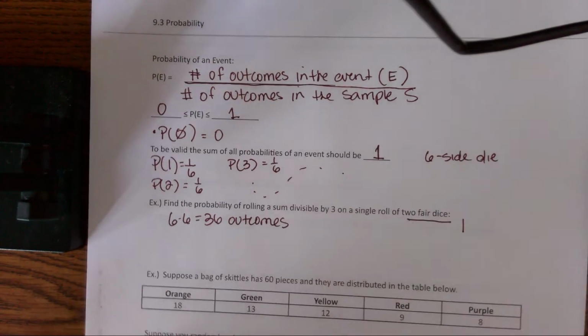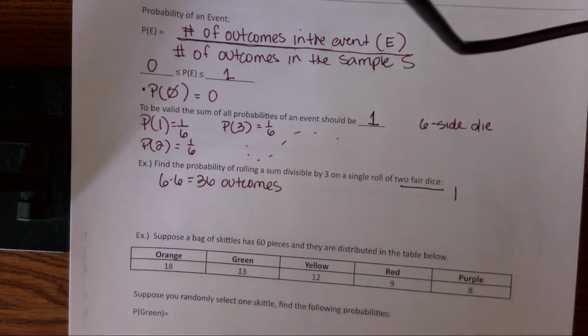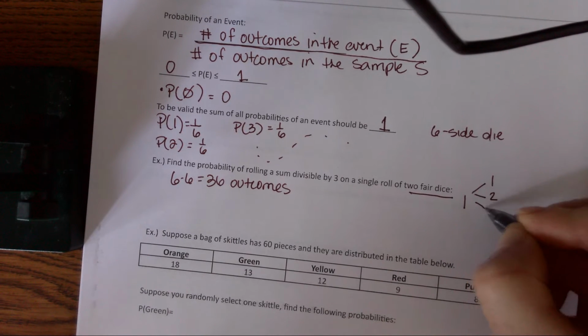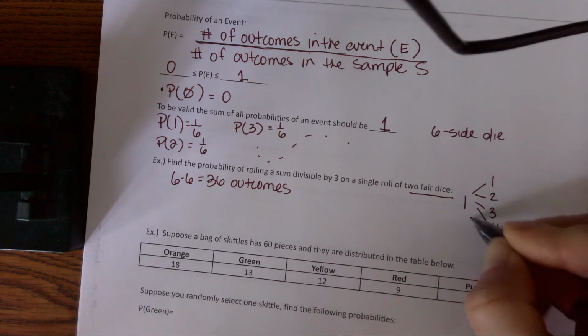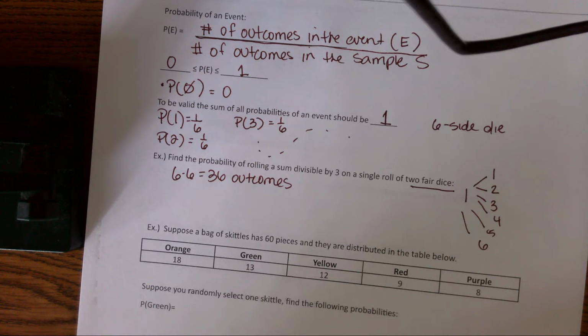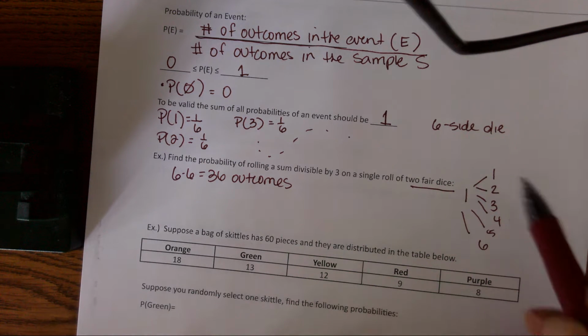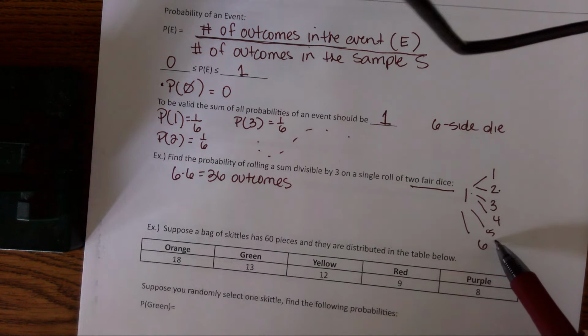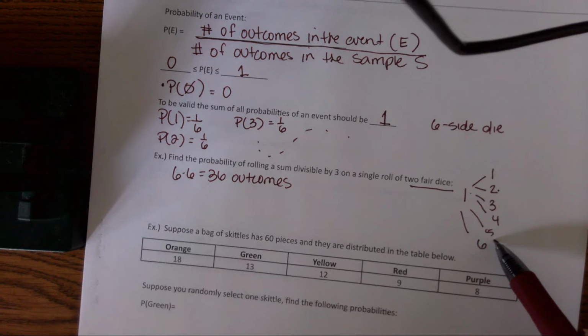Would you agree on the second one then there could be a 1, 2, 3, 4, 5, or a 6? How many of those are divisible by 3? Let's see, 1 plus 2 is 3, and also 1 plus 5 is 6, which is also divisible by 3.